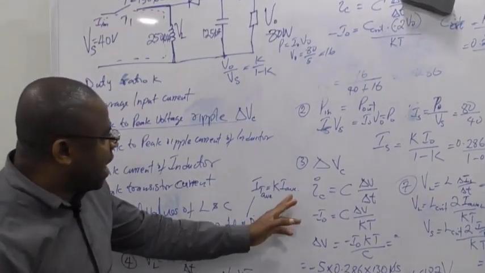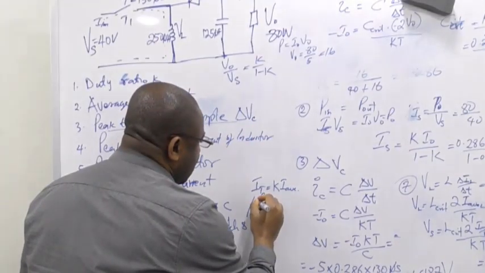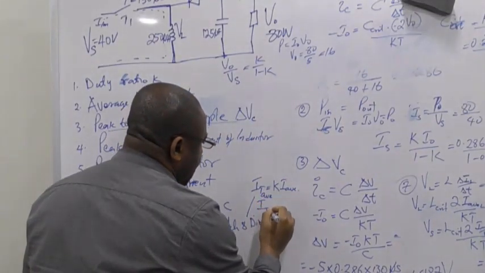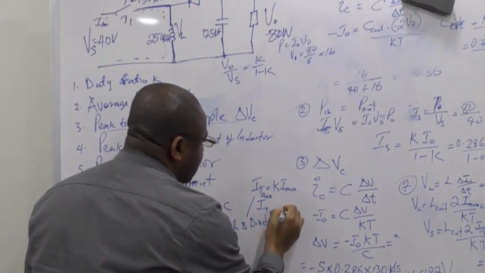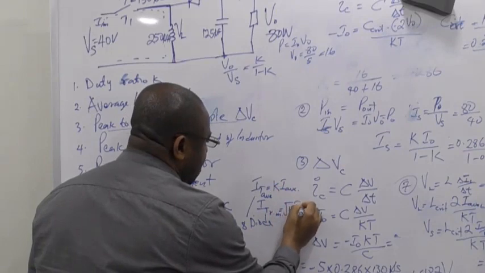And we know what I average is, which is I in over K. So I of the transistor RMS is just the square root of K multiplied by I average.